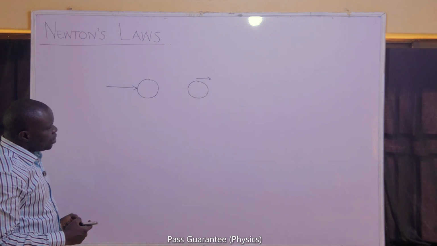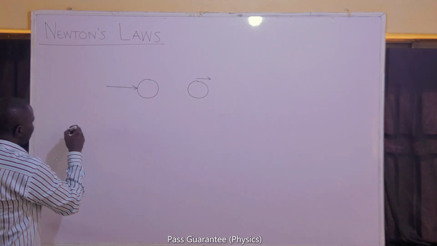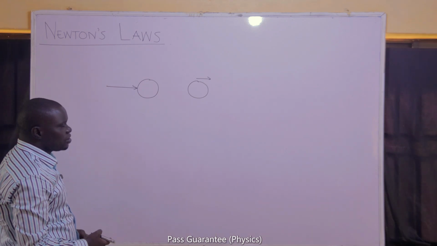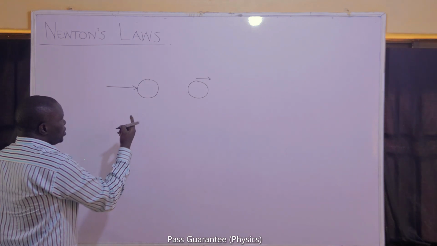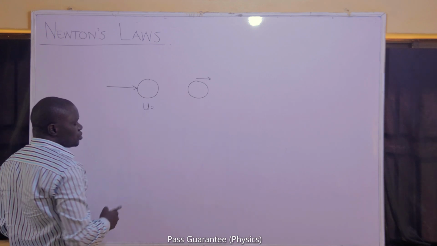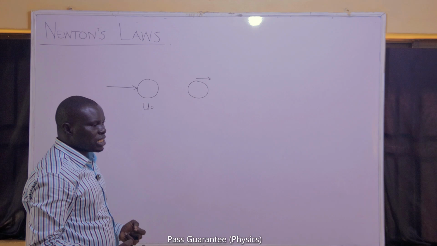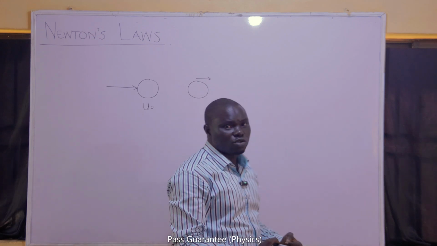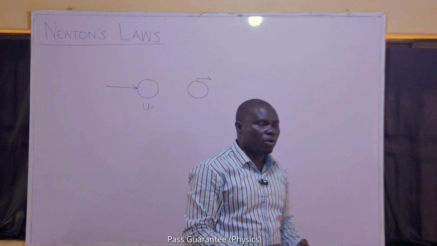So Newton's second law is trying to tell us that the rate of change in the momentum of an object is directly proportional to the force. Let us assume that the object has an initial velocity of u. If it is at rest, it means that u is 0. If it was moving with a particular velocity, it means it will have a u value that is not 0.